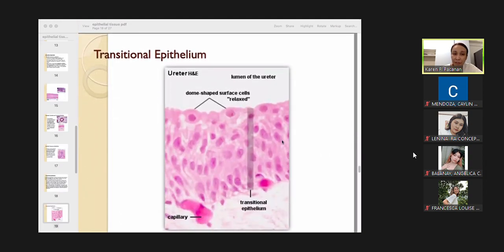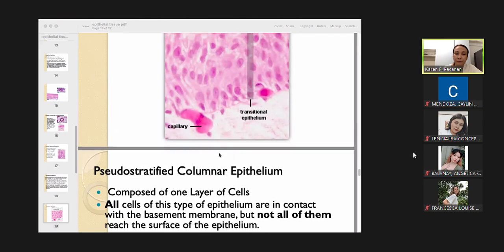This is the picture of the ureter, and it would resemble stratified cuboidal. The dome-shaped cells are seen at the surface, and we call these the umbrella cells. Basically, transitional epithelium, as you can observe in the picture, is classified as stratified epithelium. Okay.